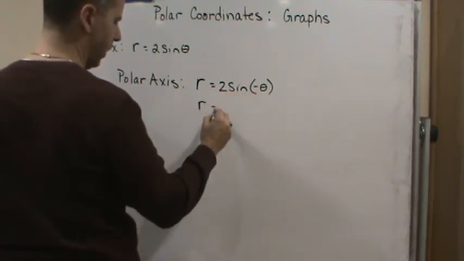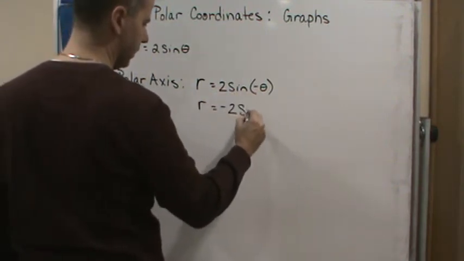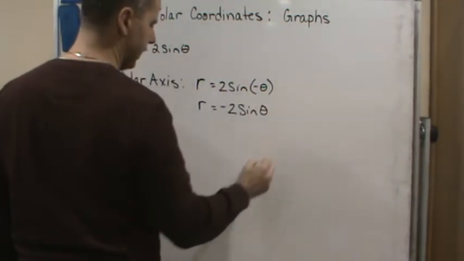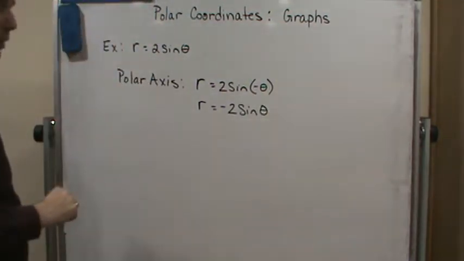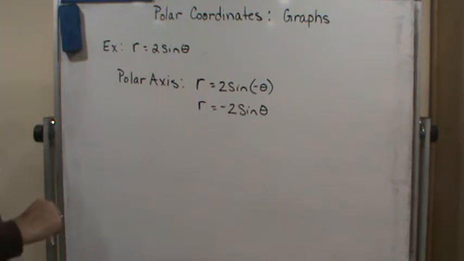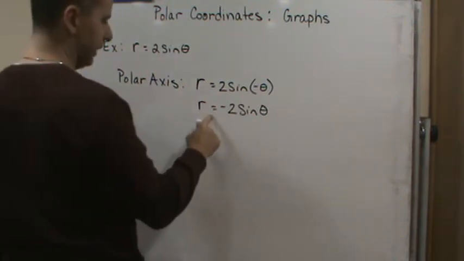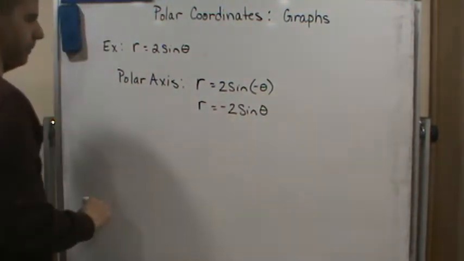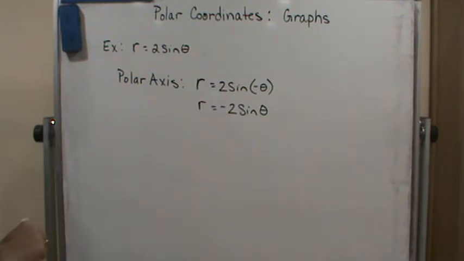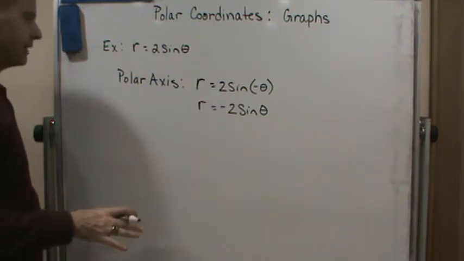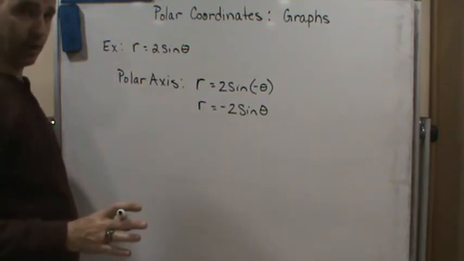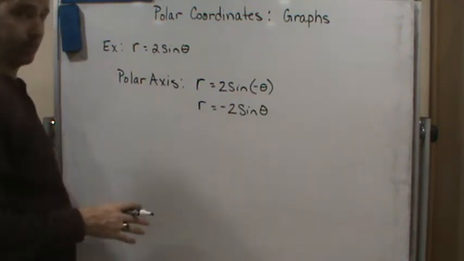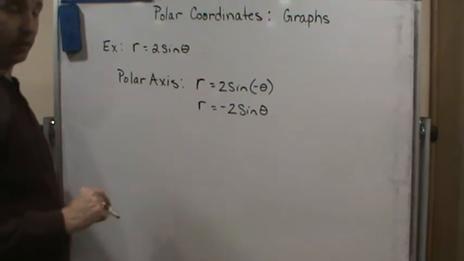So this becomes r equals negative 2 sine theta. Now in this case, we don't get the original function back. We get r equals the opposite of the function. So it fails this test. Now, this does not mean that it's not symmetric with respect to the polar axis. You could say it's inconclusive.